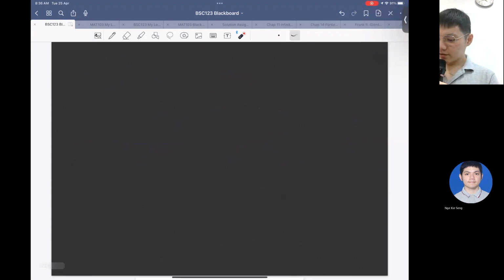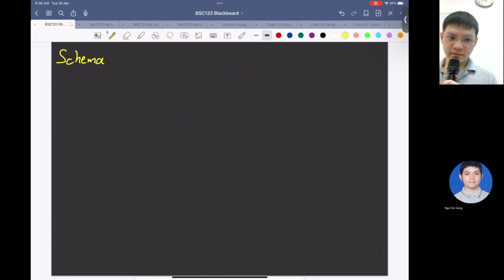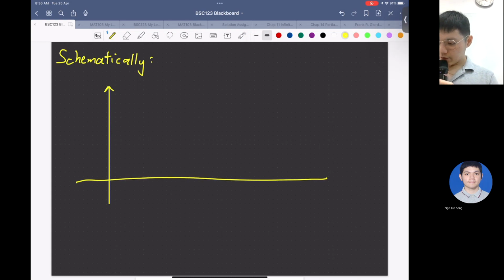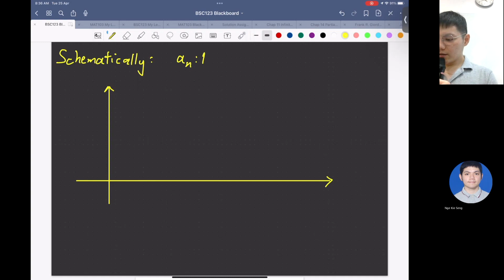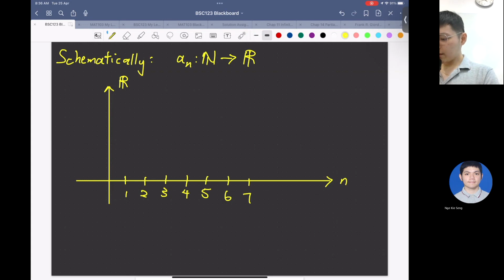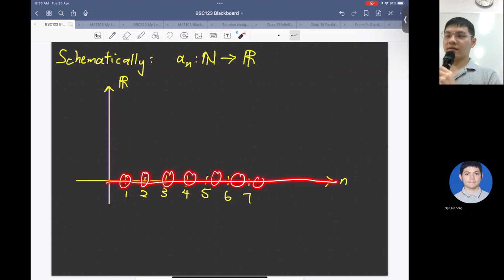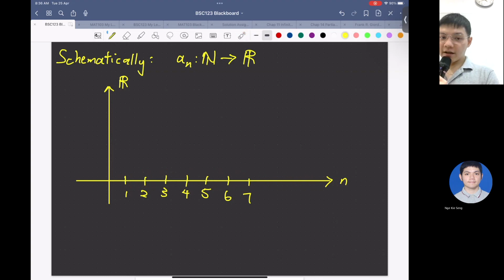Next, how do you picture this thing? Similarly, you can put two axes. Remember that a sequence is a map from natural numbers to real numbers. So let's say this axis is n, this axis is real. You start with 1, 2, 3, 4, 5, 6, and so on. Even though I draw this axis, I only care about these discrete points for now. So what do you mean by converging to some limit?